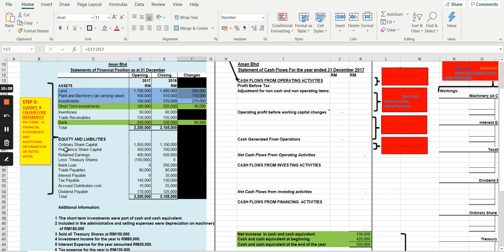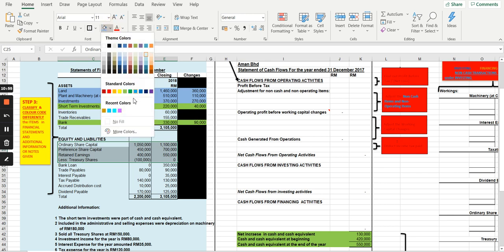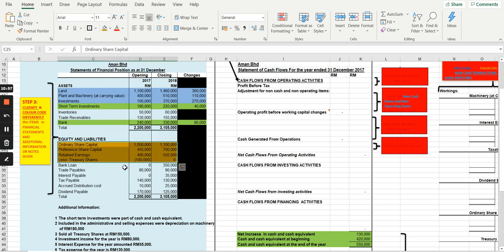The third one is that I'm going to look for my financing activities and I will color code them. Financing activities is related to issuance of shares, issuance of equity, share capital, issuance of loans, issuance of non-current liabilities. So I will just focus on the section on share capital and equity, right? I took the section there and I'm going to use brown for my color code.